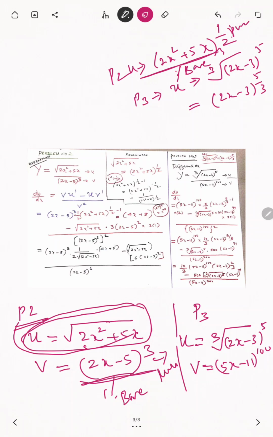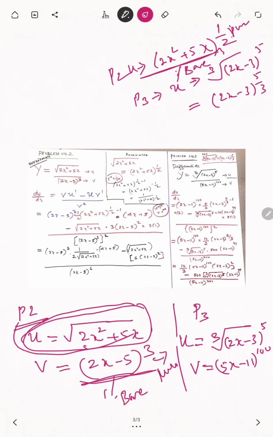That is purely applying the formula x power n, n x power n minus 1. n is 3, x is 2x minus 5, 3 minus 1. Now 3 into 2x minus 5 whole square is over. Power is over. Then after this what do we have to do? Differentiate the base. Base is what? 2x minus 5. So 2 into 1.